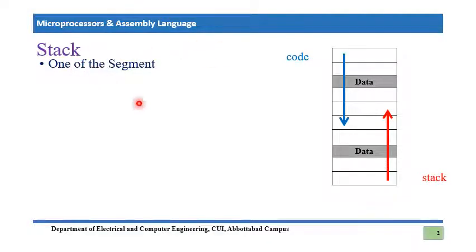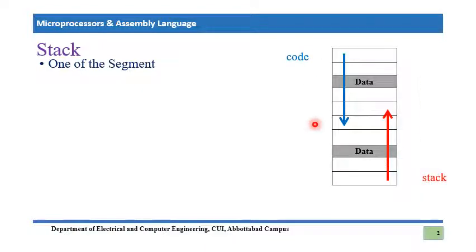I have taken this diagram from a very good lecture on stack, and I have chosen it because it explains a very important and integral difference between the code segment and the stack segment. The blue part indicates code, and the red part indicates stack.